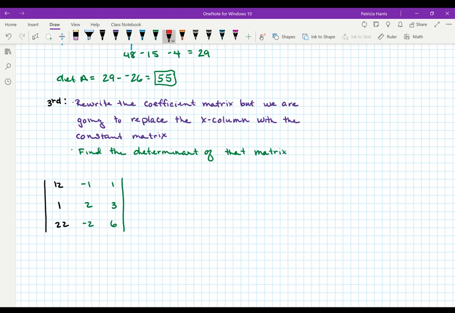Okay, so same process, rewrite, and then diagonals. Okay, we're going to go up.